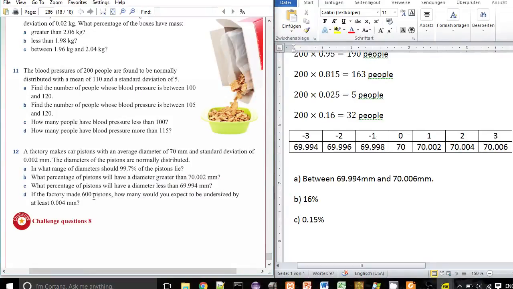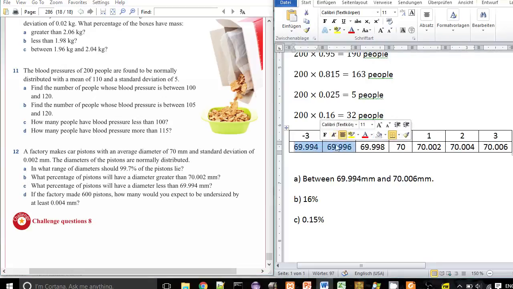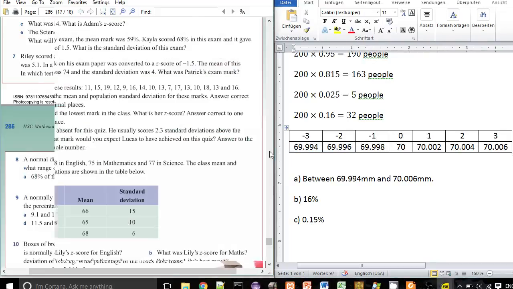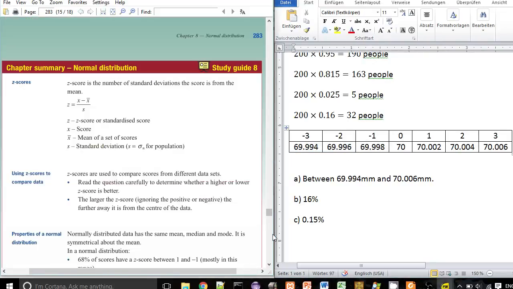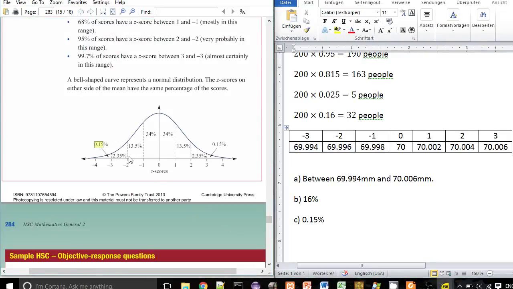Okay, if they made 600, how many would you expect to be undersized by at least this much? So from here, so less than -2. So again, let's double check. I'm starting to remember these numbers. Less than -2 is this one plus this one, so 2.5%.